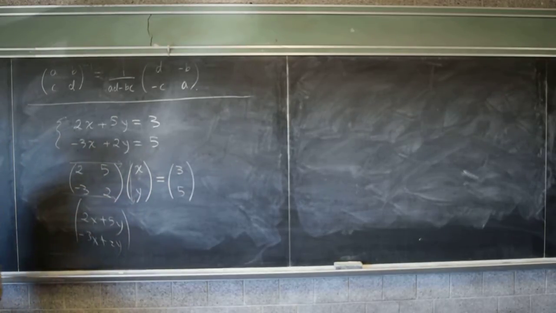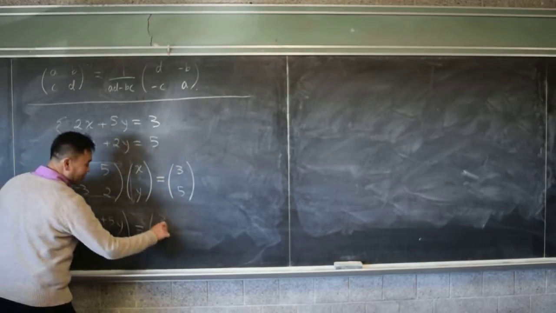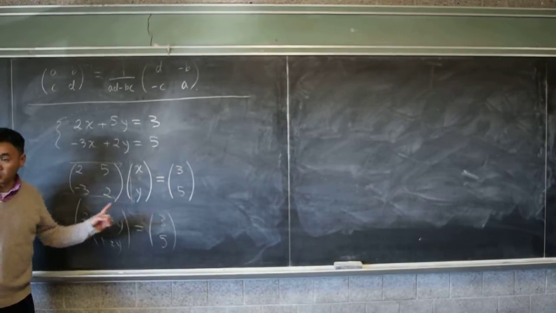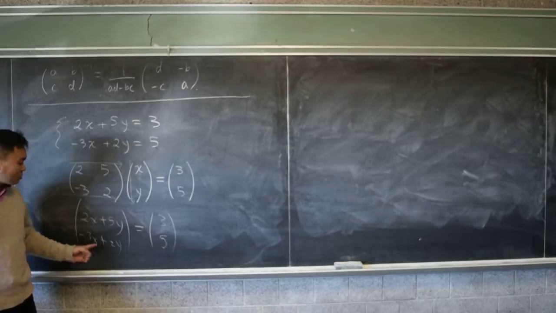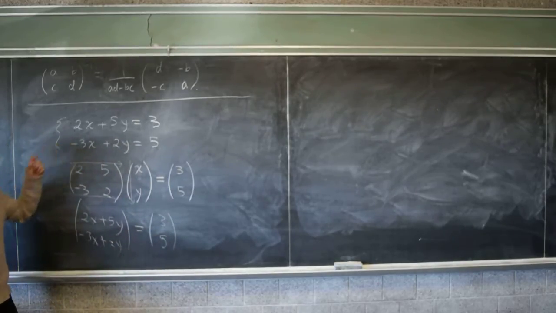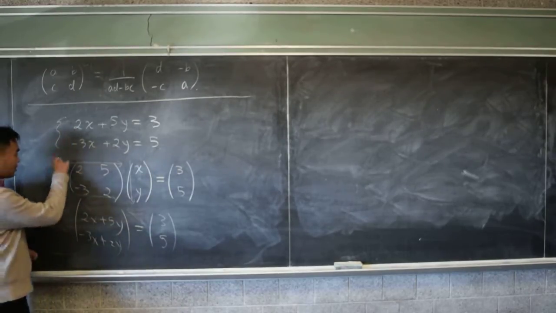It's a 2-by-1 matrix. And we're trying to say that this matrix should equal the matrix 3, 5. What does that mean? That means each element should be equal. So 2x plus 5y is equal to 3. Negative 3x plus 2y is equal to 5, which is exactly this system of equations, right? So now you see that this is just a representation of this system of equations in matrix form. Okay.